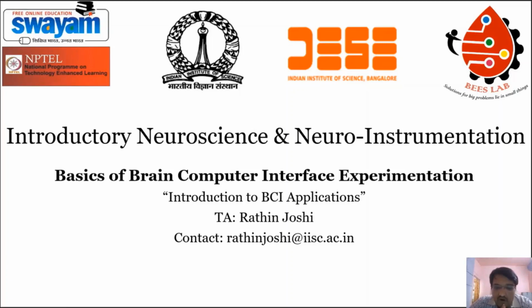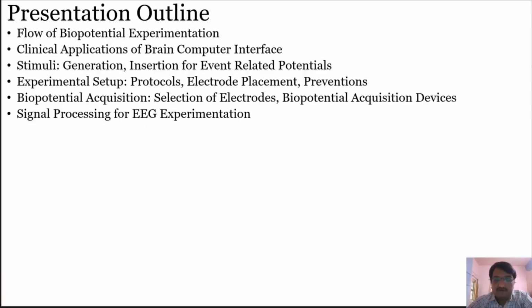So considering the first introduction submodule, let's see what we will have in this module. This is basically the outline of the presentation. I have already discussed auditory stimuli and how we can acquire the biopotential. We will see them in detail.